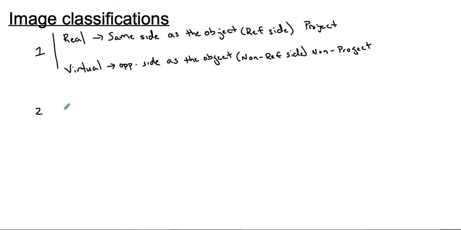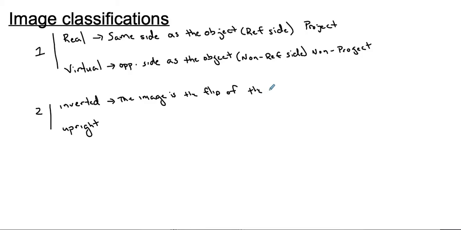The second thing is you need to tell me if the image is inverted or if it is upright. If it is inverted, okay, the object is flipped, or the image is the flip of the object. Whereas the upright, the image is the same orientation.